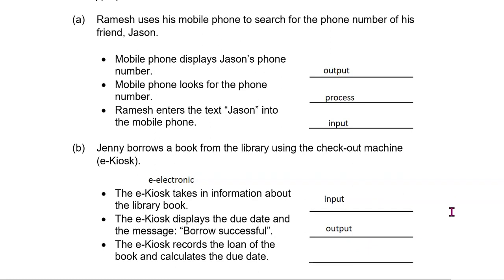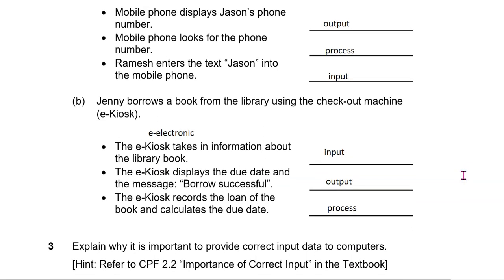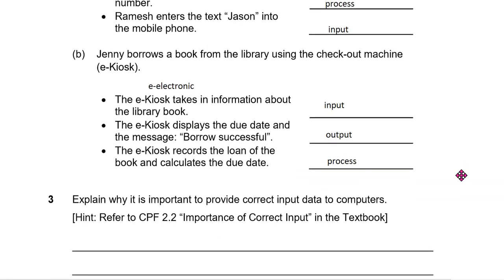So to do the recording, to ensure that no other user can borrow, and also to calculate the new due date that the library member will have to return the book. Okay, so this to record and to calculate is a process. Okay, so that's all for question number 2.